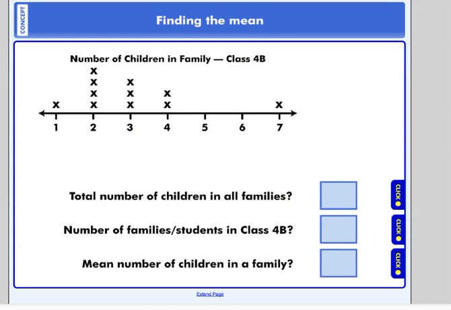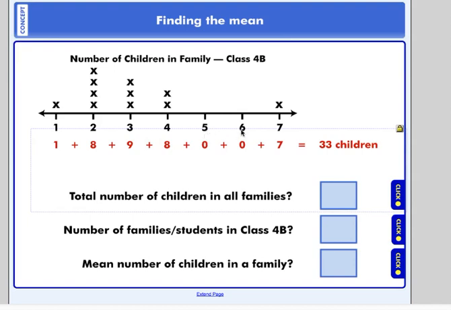Finding the mean. Remember, when you find the mean, that's the average. First of all, you need to add up all of the numbers on your list. Now, in this case, one student said 1. 4 students said 2, so that makes a total of 8. 3 students said 3, so that makes a total of 9. 2 students said 4, so that makes 8.